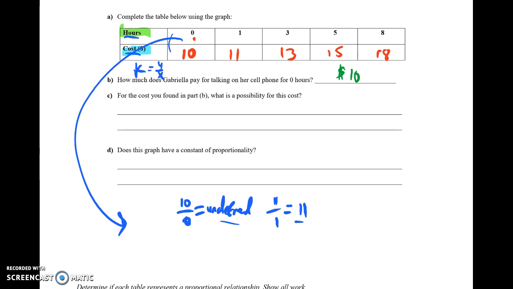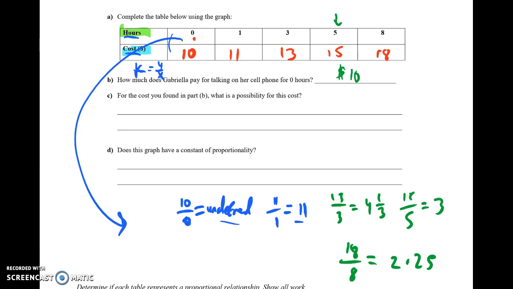We could go on: 13 over 3 gives us 4 1/3. For the next one, 15 over 5, we get 3, and 18 over 8 equals 2.25.